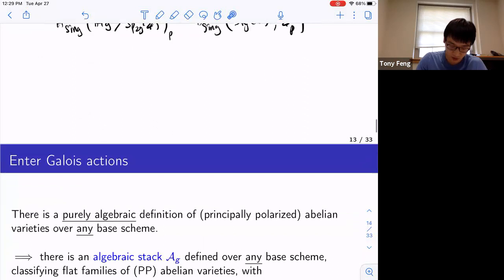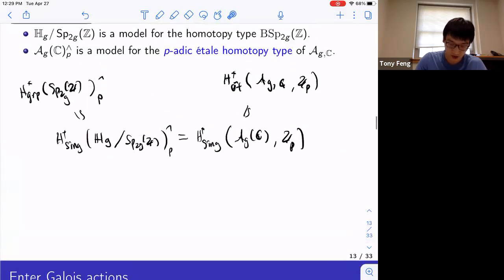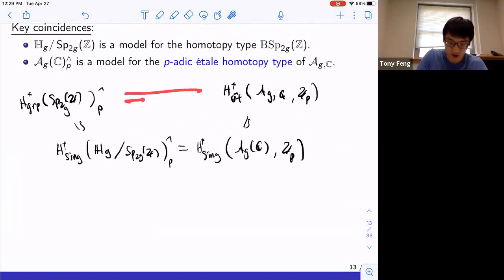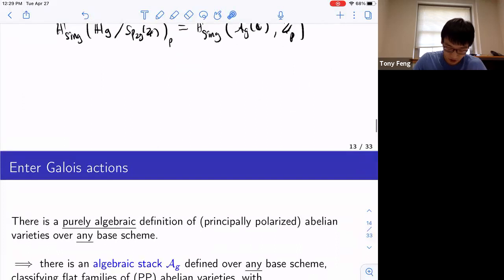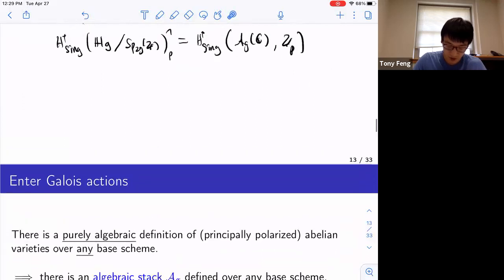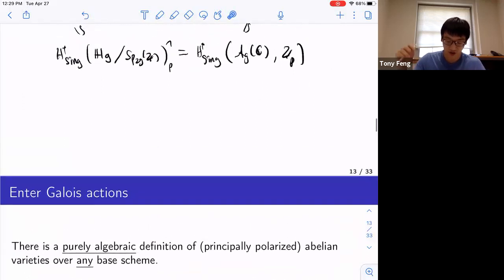Okay, so as I say, this coincidence reveals extra structure here, and in particular, I'm going to use that to explain where the Galois action comes from. The point is that there's a purely algebraic definition of the notion of a principally polarized abelian variety over any base scheme. You would say something like a proper variety, connected, of dimension g.